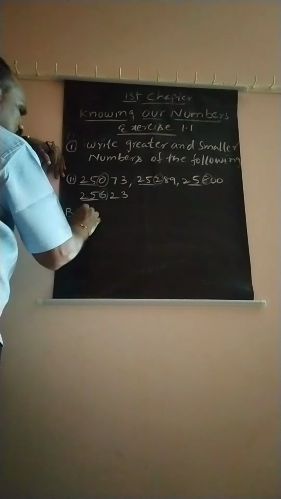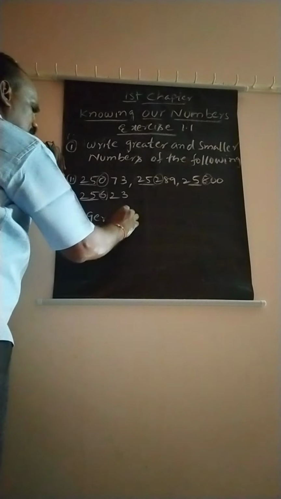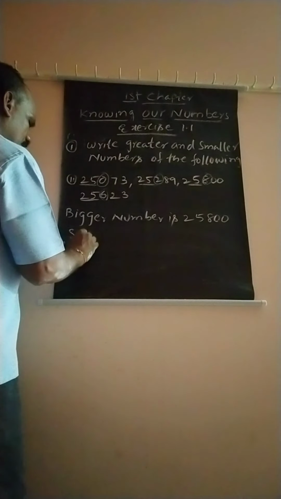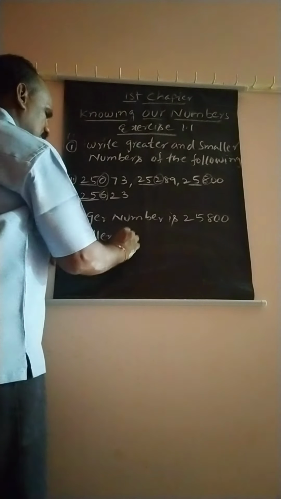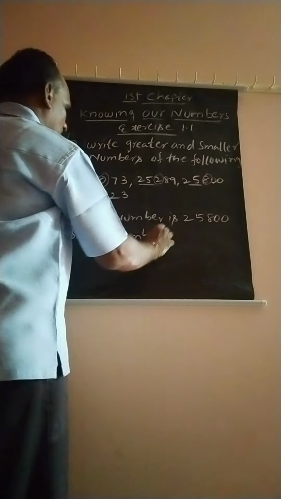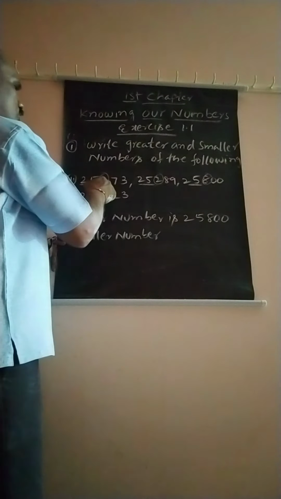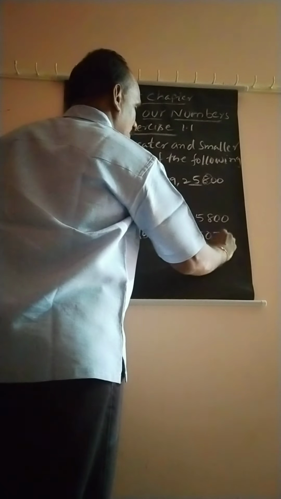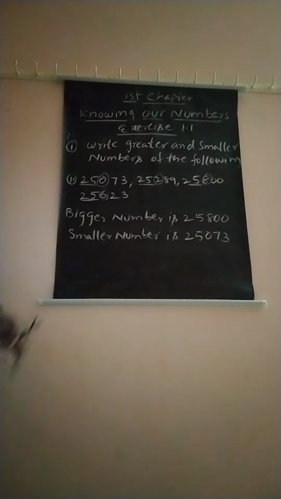Which is the bigger one? 8 is the bigger one, so that number is bigger. The bigger number is 25800. And the smaller one is the one with 0, that is 25073.